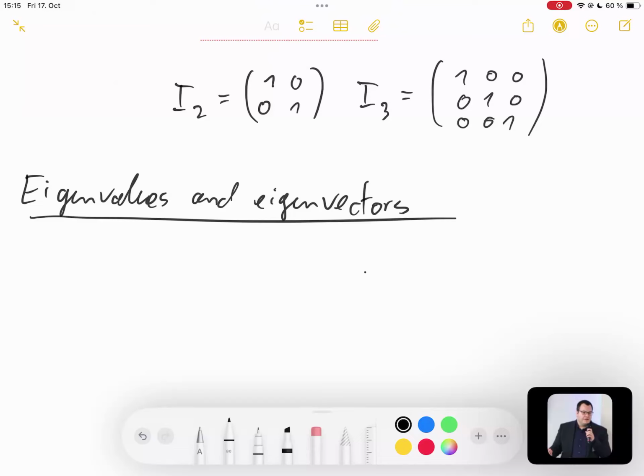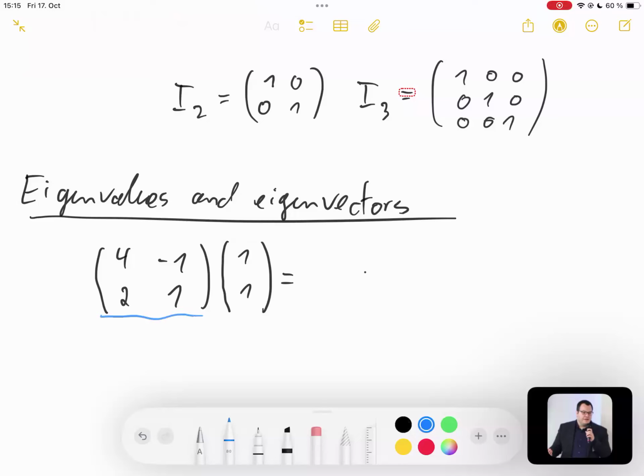Imagine I have a matrix, for example, 4, -1, 2, and 1. If I take this matrix and I multiply it with 1, 1, what's the result? We have just revised how to multiply two matrices. Maybe let us know what the result would be when I multiply this matrix and this vector from the right.